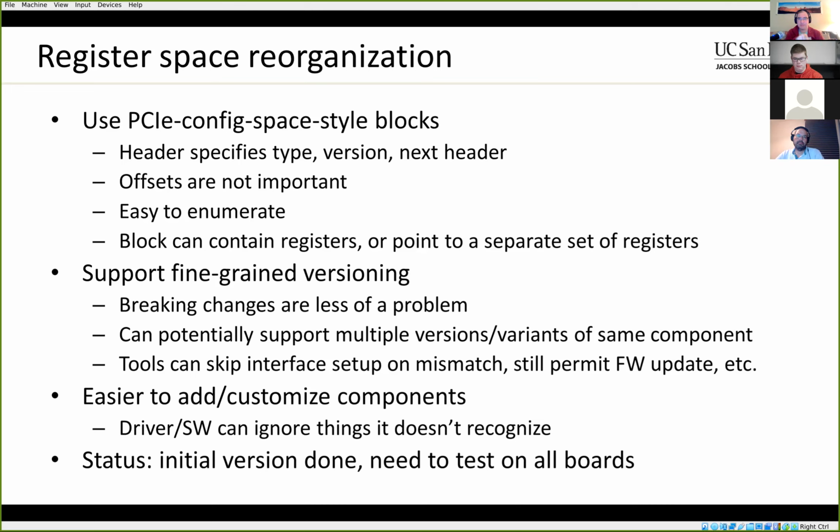The other thing that you can do with the blocks is have a hierarchy. You can have one linked list at the root, and then this can point to each interface, which will then have its own list. And then on each interface, for each port or for each scheduler, you can have another list. So you can form a nice hierarchy going down the stack to keep things a little bit more organized.